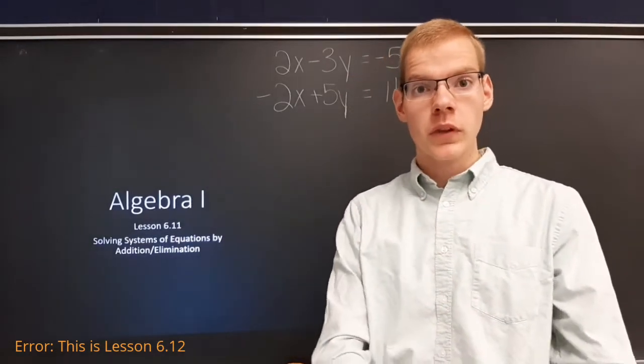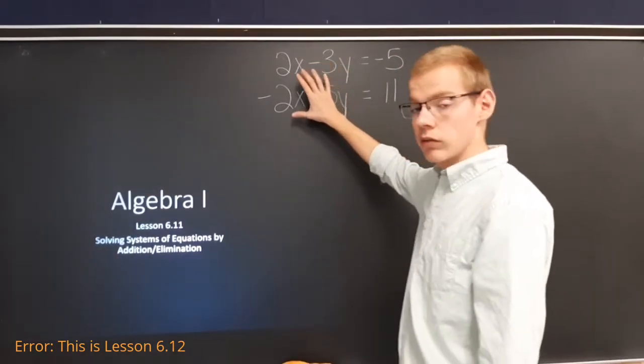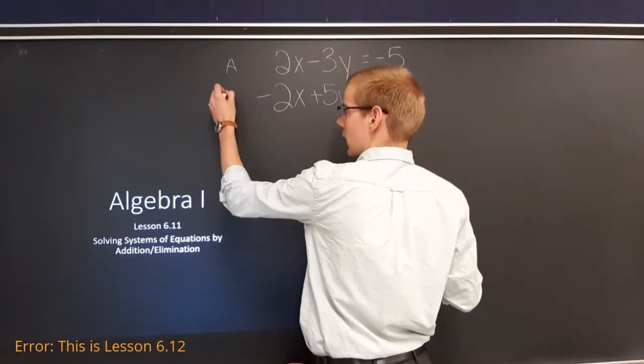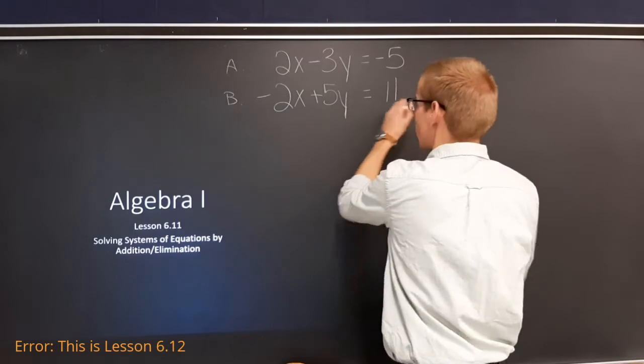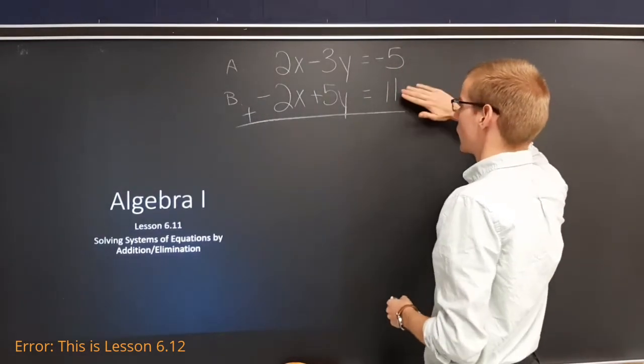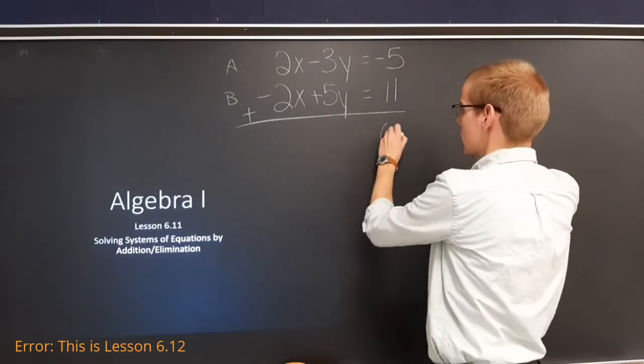So what we do is add these two together. We'll just label them A and B again. Add them together, starting from the back. Negative 5 plus 11 is 6.